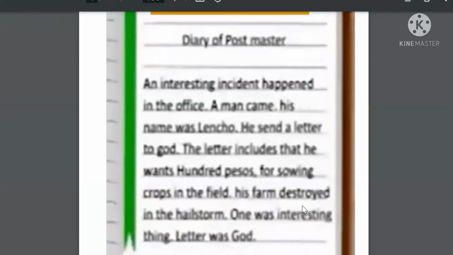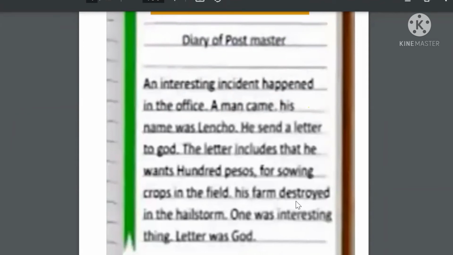Now again listen to this. His farm destroyed in the hailstorm. Here, the beginning letter is again in small letter. We must write it in capital letter. His farm, H should be in capital letter because it is the beginning of the sentence. So capital H. His farm.